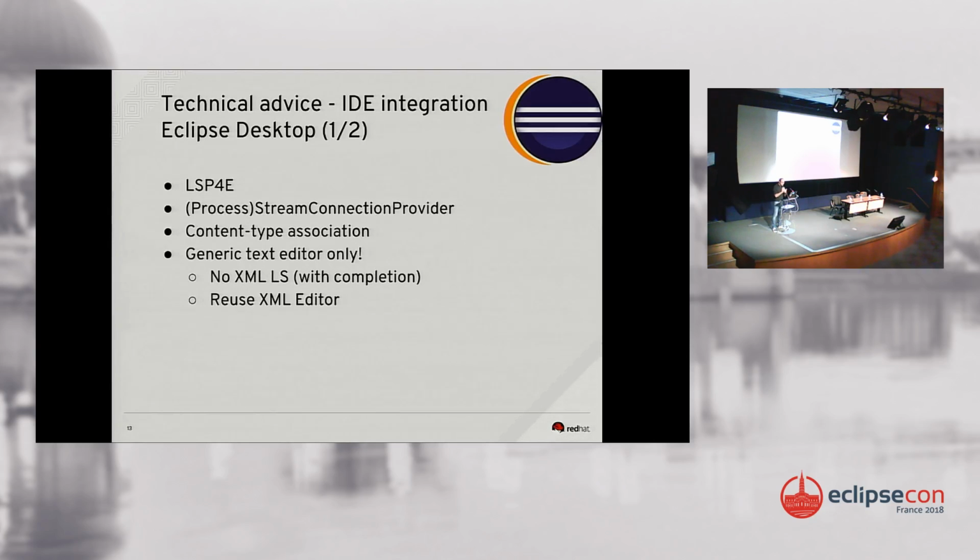You don't have a language server for all the languages. You have them for all the trendy ones, the JSON, the YAML, and so on, but for all the older ones, you might not have the language server. And we discovered at that time that, in fact, the integration with the existing editor in Eclipse is not done by default. So we provided it, but it is not the case by default.